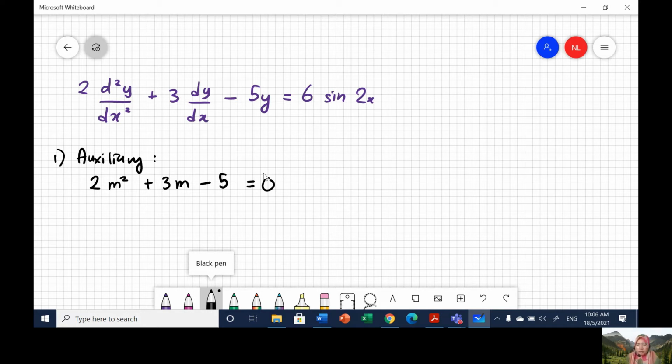Then let's see the value from your calculator. We have A as 2, B as 3, C as negative 5.